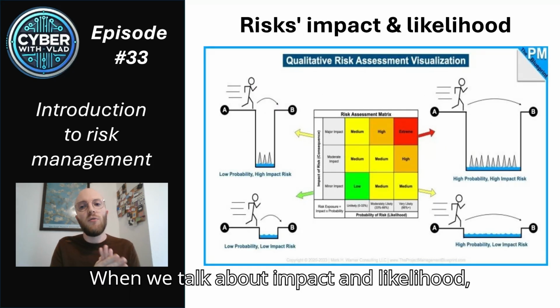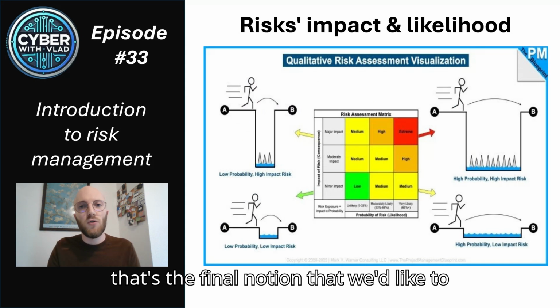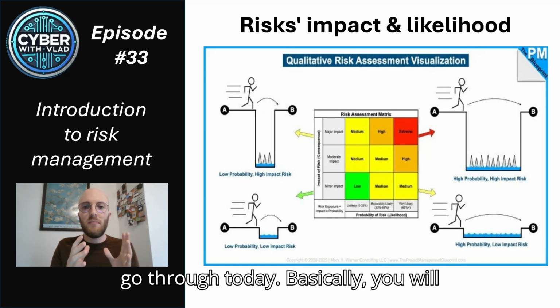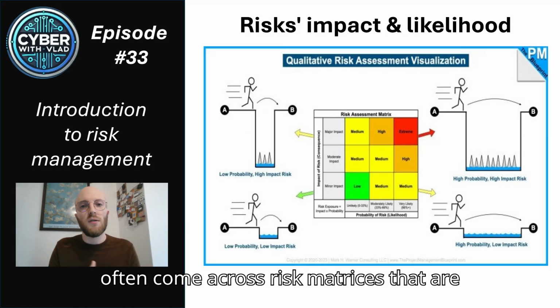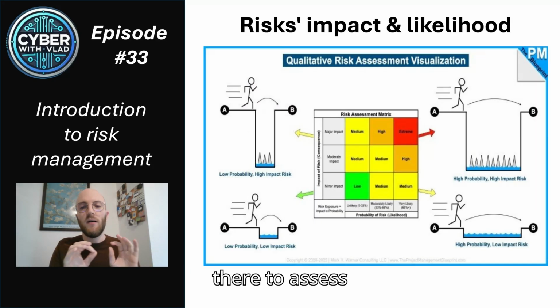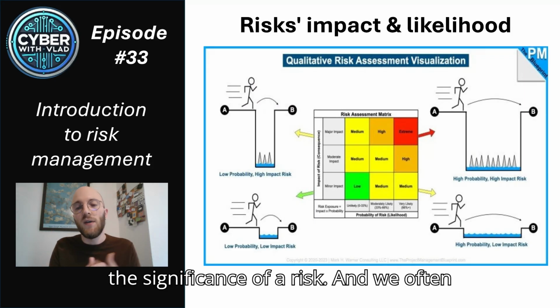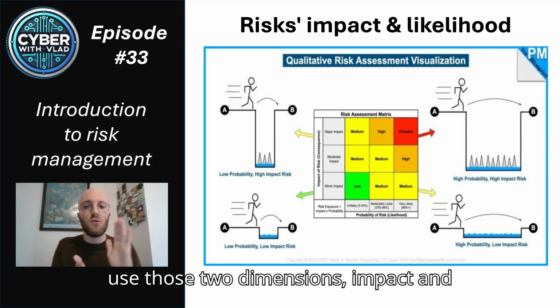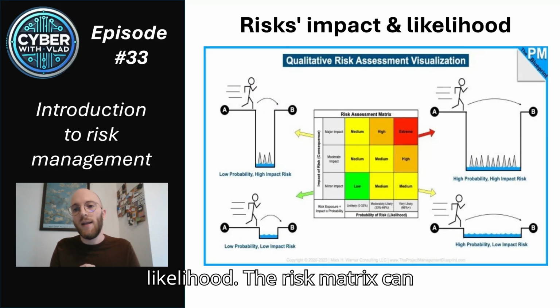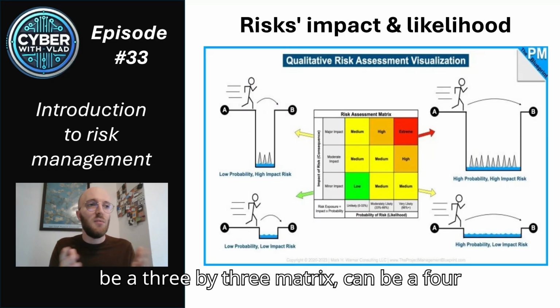When we talk about impact and likelihood, that's the final notion I would like to go through today. Basically, you will often come across risk matrices that are there to assess the significance of a risk. And we often use those two dimensions, impact and likelihood. The risk matrix can be a 3 by 3 matrix, can be a 4 by 4.